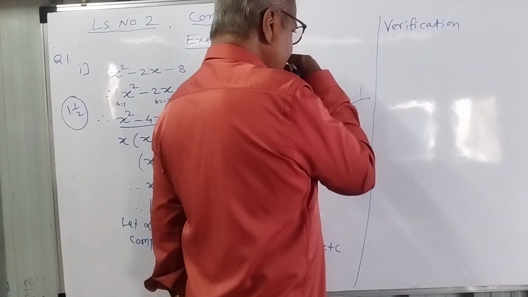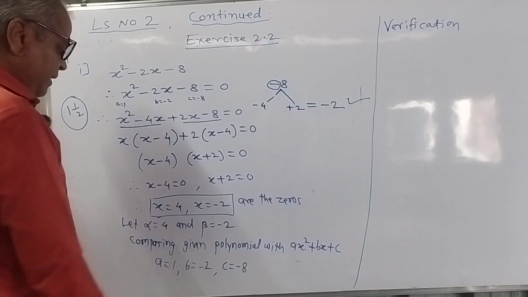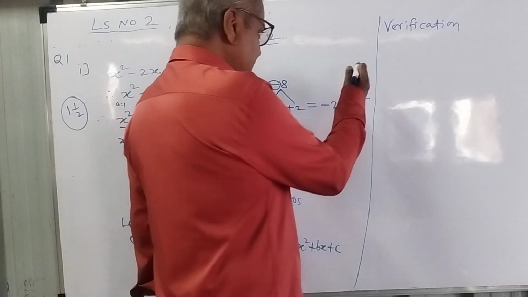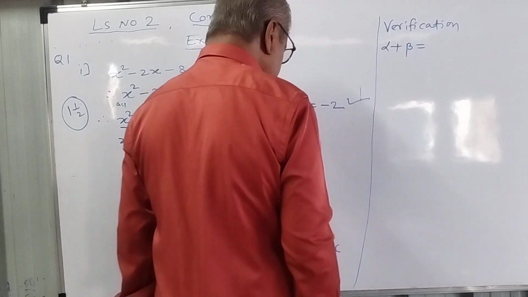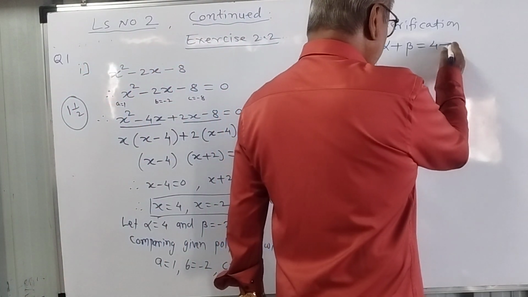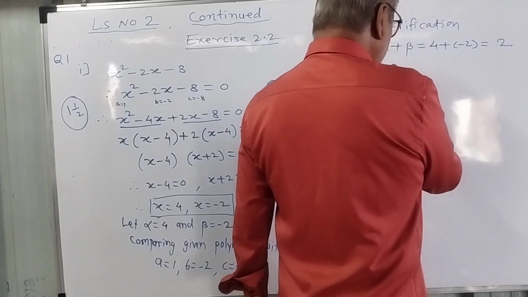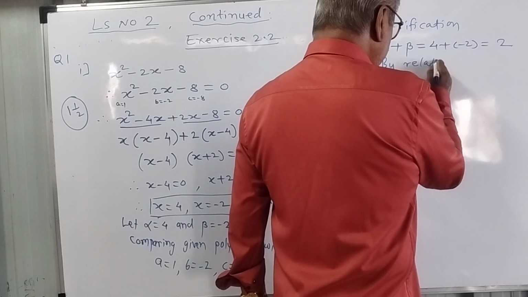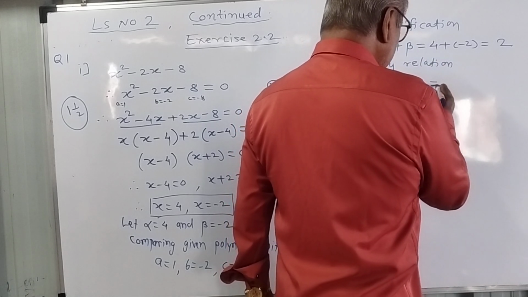How to verify? You know alpha and beta. Alpha is 4 and beta is minus 2, so you can find out alpha plus beta directly. Alpha plus beta is equal to 4 plus minus 2, which will give you 2. By relation, alpha plus beta, what is the relation?